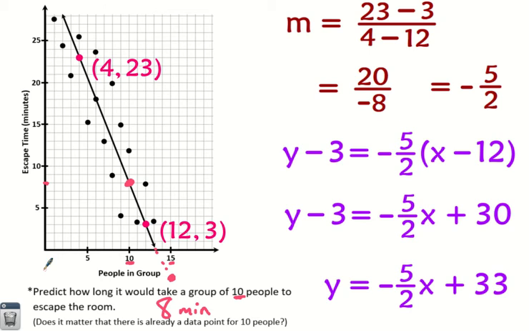So that's a good lesson that data sometimes only makes sense for certain domains, certain intervals of values, you know what I mean? Obviously, at some point this data stops making sense, because it's literally impossible to escape the room in negative 4 minutes.